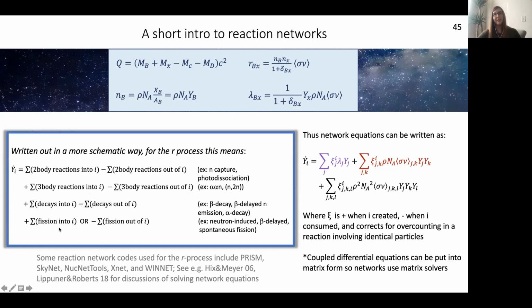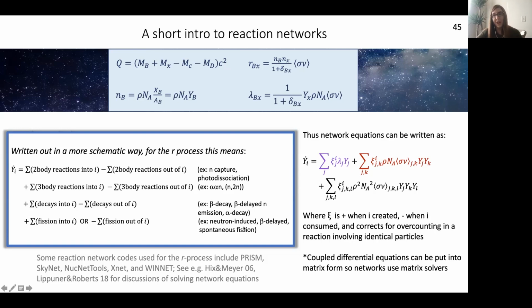Additionally, fission is something that can come into your calculations if you have neutron-rich enough conditions to get all the way up to these fissioning regions. So either you have a species that's going to fission and then it has to be negative because you're fissioning out of that state, or you have something fissioning and producing a product into this state, okay?